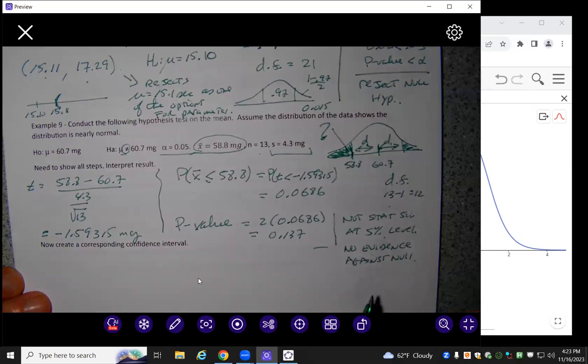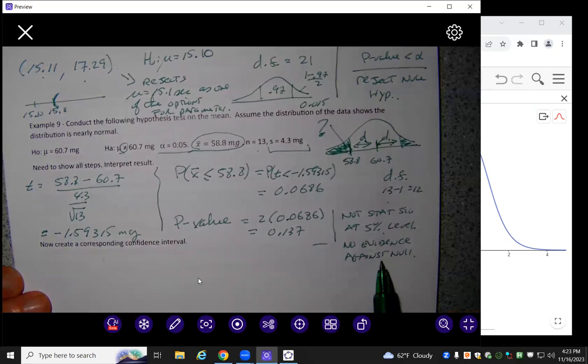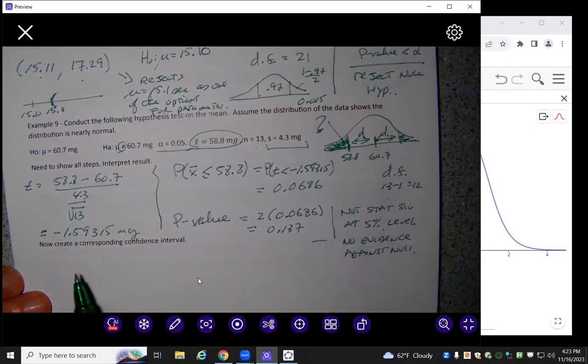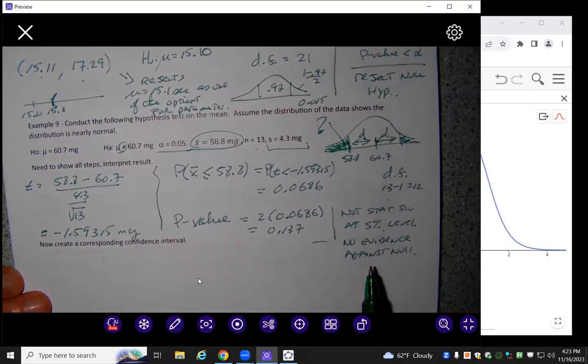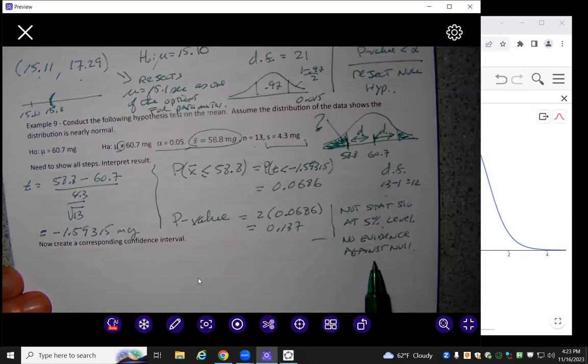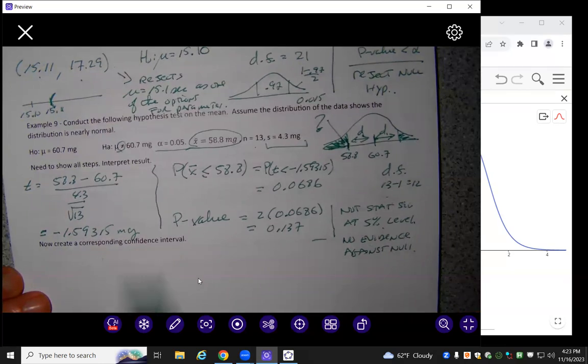So before we do this final thing, confidence interval, let's think about what no evidence against the null will look like in a confidence interval. If there's no evidence against the null, that means that when we do our confidence interval, 60.7 had better be one of the options in this confidence interval, because that would mean that this is a possibility.